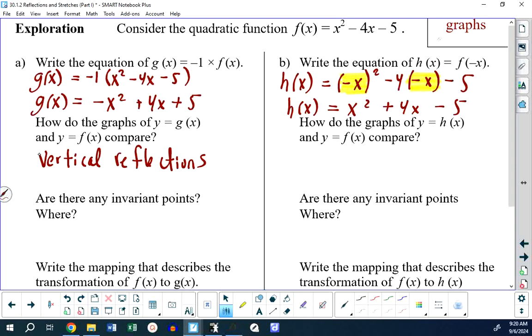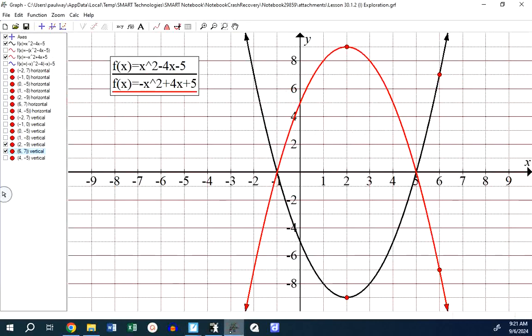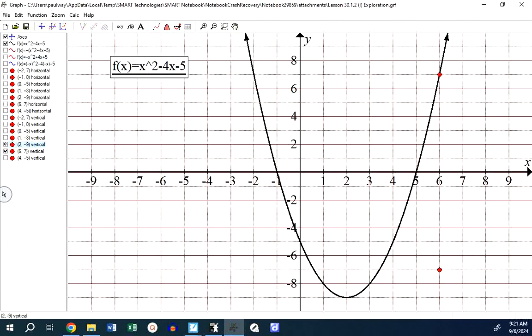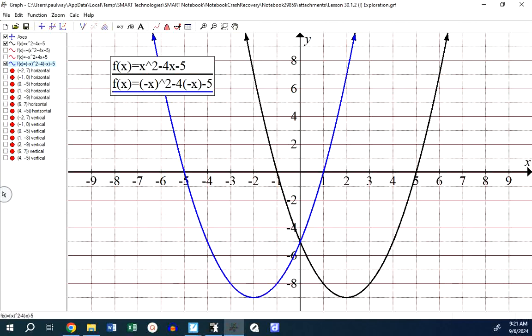What about h of x and f of x? So now it's asking us, if you take a look at a function, f of x, and you change every x to negative 1 times x, what happens to the graph of the function? Well, let me show you. I think you kind of know where this is going, but I'll pull this one up here and you can see that I haven't simplified this, but I'm trying to drive home the fact that this is where we replaced every x with negative x.